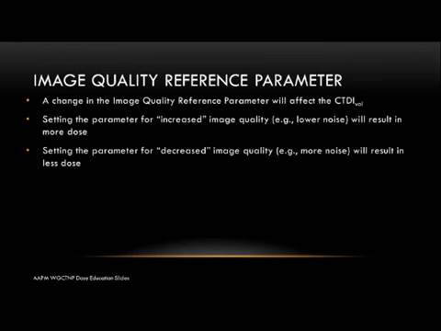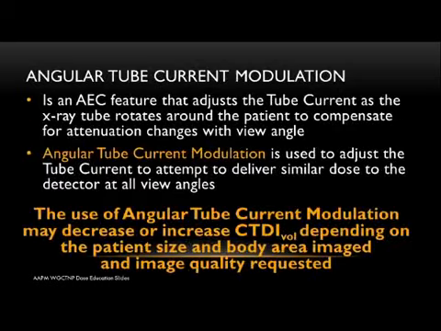Setting the parameter for increased image quality, whatever that change may be, and we'll get to that for each of the vendors later on, will result in an increased CTDI vol, and setting the parameter for decreased image quality will generally result in decreased CTDI vol, holding everything else constant for the same patient. This is if you were to scan the same patient and change that image quality reference parameter.